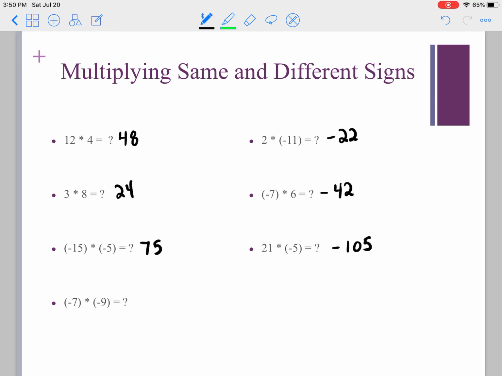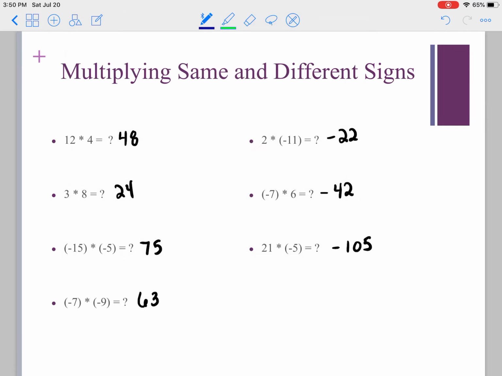And then negative 7 times negative 9 is equal to a positive 63. And so we can see what our answers are, but now we're looking at multiplying same and different signs.